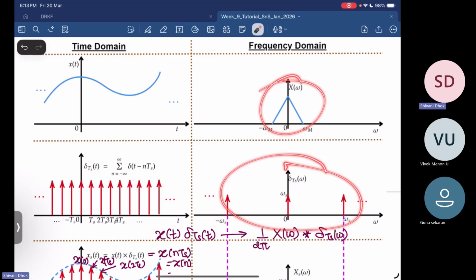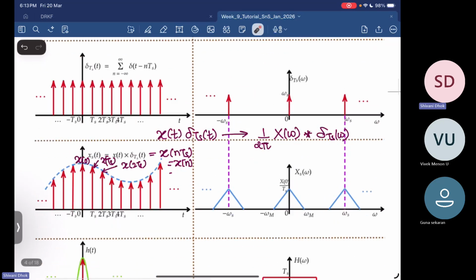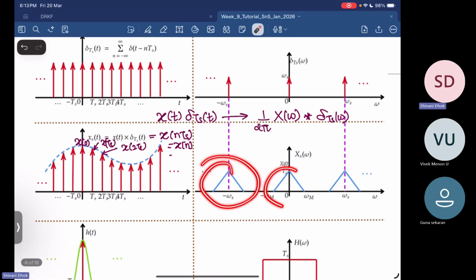And when you convolve a particular signal with impulses, you get replicas at each and every location of those impulses. So you get a replica of your x of omega at every integer multiple of your sampling frequency. That is your xs of omega, where the magnitude will be x of 0 by Ts. This also we saw.